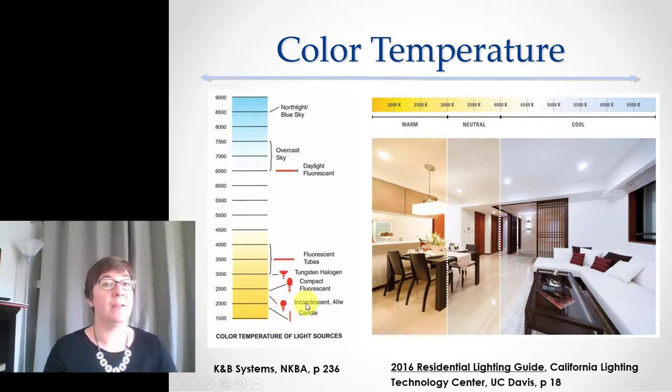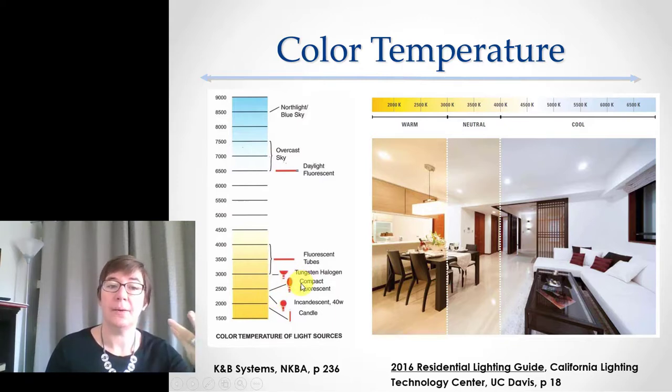An incandescent light, which if you're like me, you grew up with, is also an extremely warm color temperature. Here it is right in the warm side. Moving towards the cooler color temperatures are some compact fluorescent lights and your fluorescent tubes.